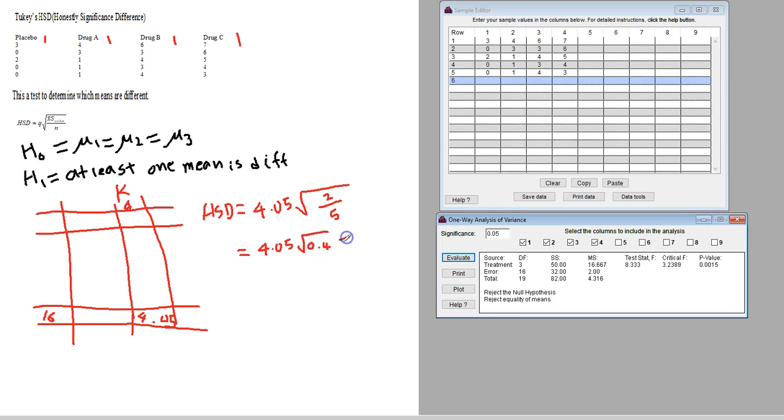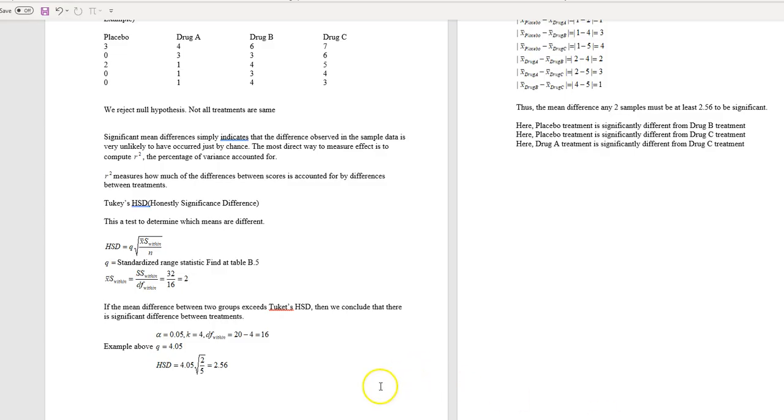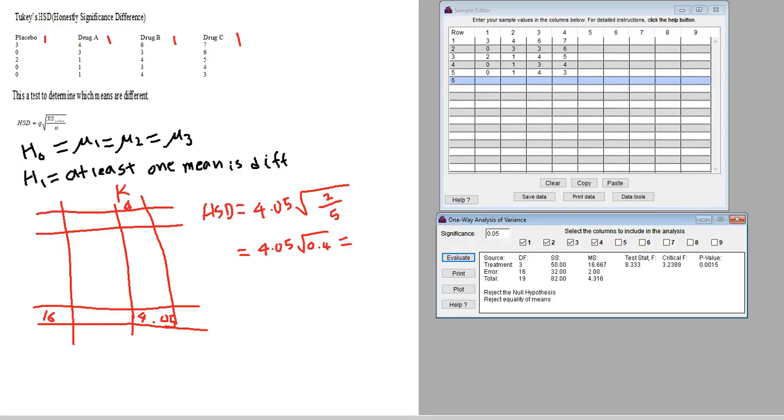And if you multiply this, you will get something called the HSD value. So I get about 2.56.